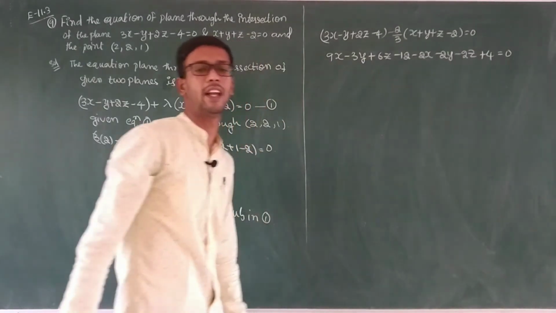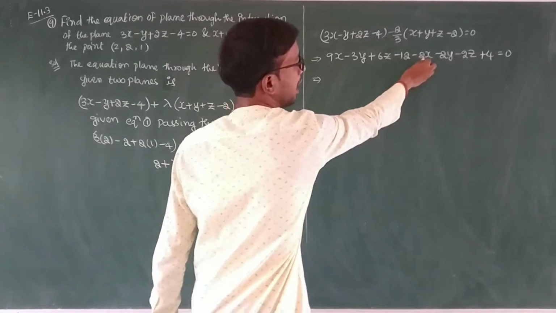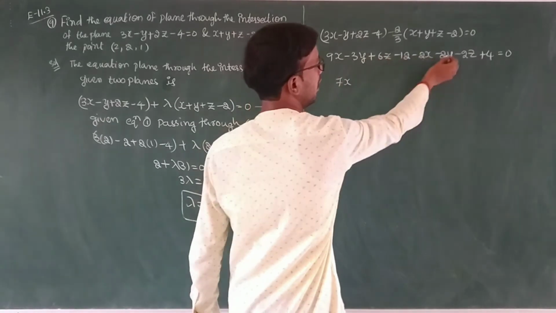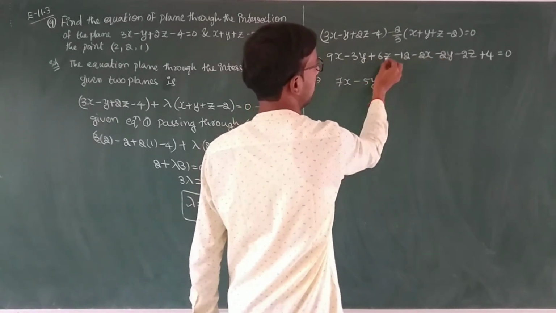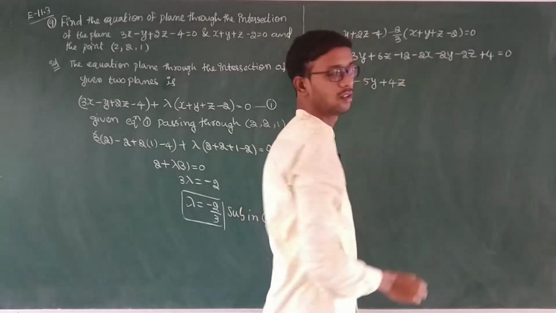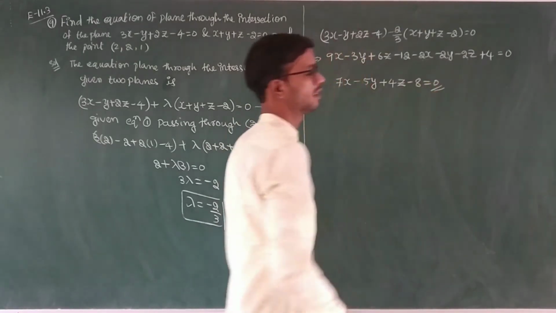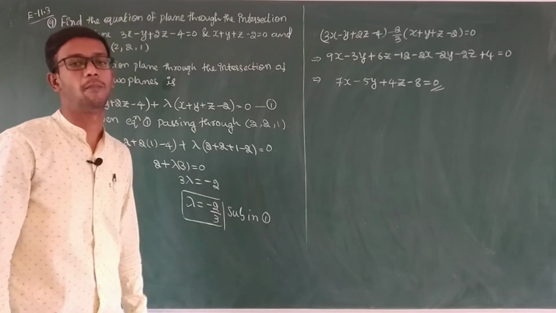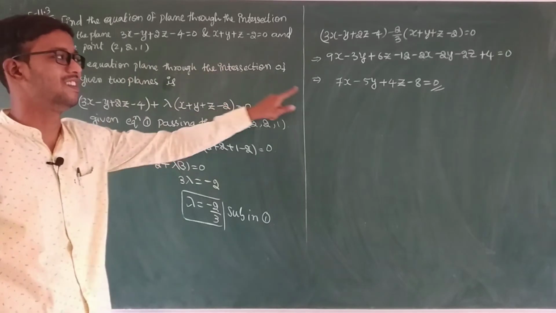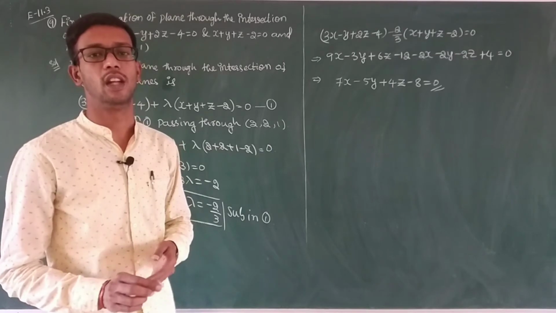The 3 on the right side, total, becomes 0. So 9x minus 2x is 7x, minus 3y minus 2y is minus 5y, 6z minus 2z is 4z, minus 12 plus 4 is minus 8. So the required plane equation passing through the intersection of the two planes and the point (2, 2, 1) is 7x minus 5y plus 4z minus 8 equal to 0.